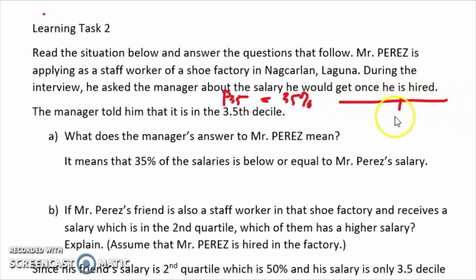So, if you're going to draw this one, if this is 50 and this is P35, anong ibig sabihin kung nandito yung data niya? It means that 35% of the salaries is below or equal to Mr. Perez's salary. So, merong 35% ang mas mababa or equal dun sa magiging salary niya. This is what the manager means.